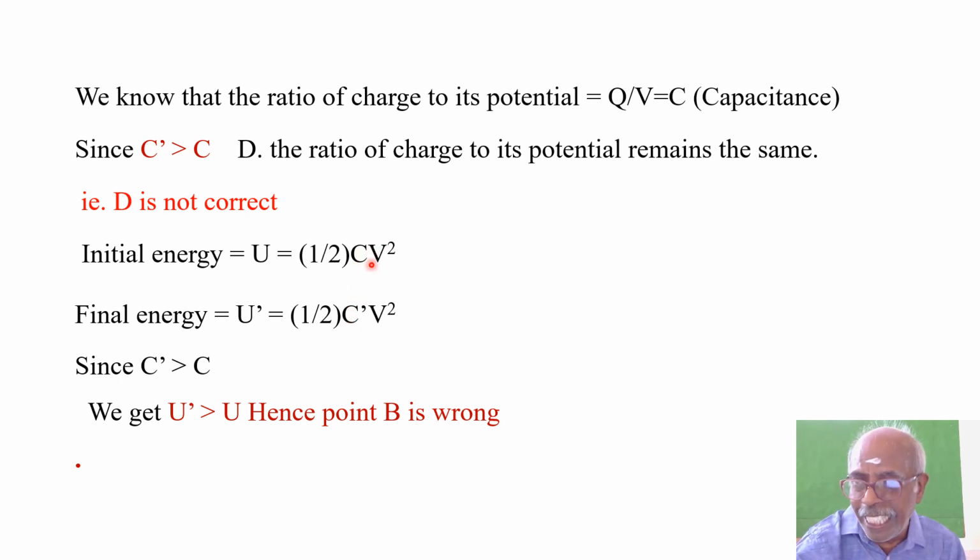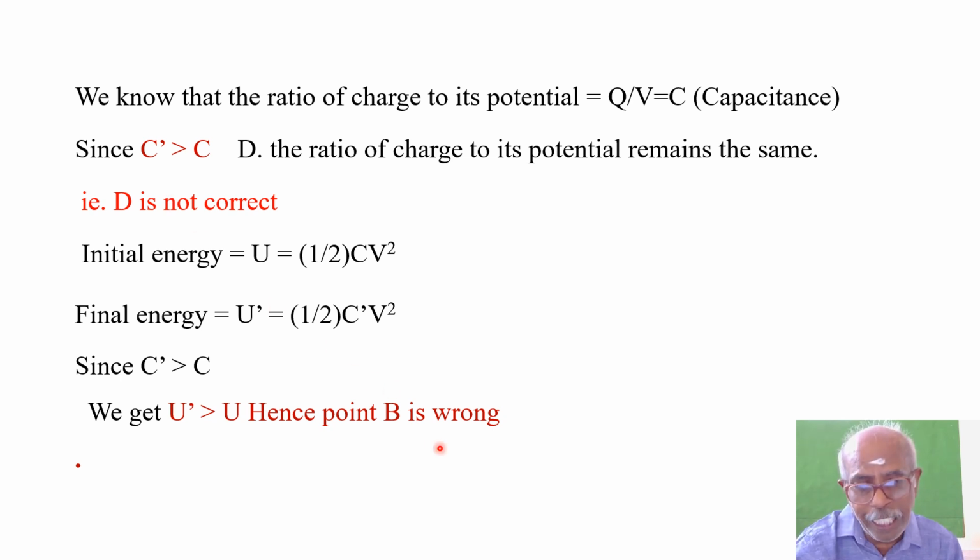So since C dash is greater than C, U dash is greater than U. Then according to point B, the energy stored in it decreases. But here you find that energy increases. U dash is greater. So point B is also wrong. D is wrong and B is wrong.